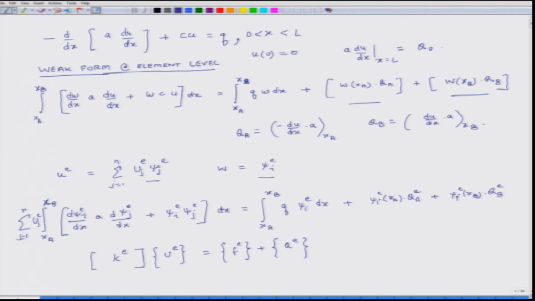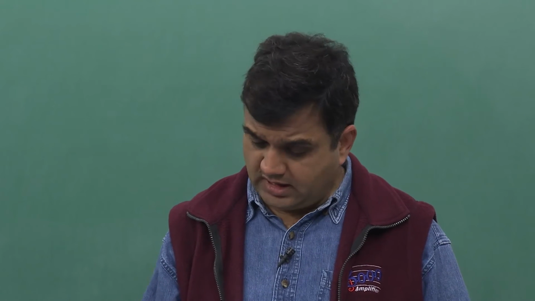We had remarked earlier that in context of this particular differential equation, because we are using the weak formulation, our K matrix is symmetric. So, next I will calculate the values of different K's, K11, K12, K21, K22, and also the values of F1 and F2.